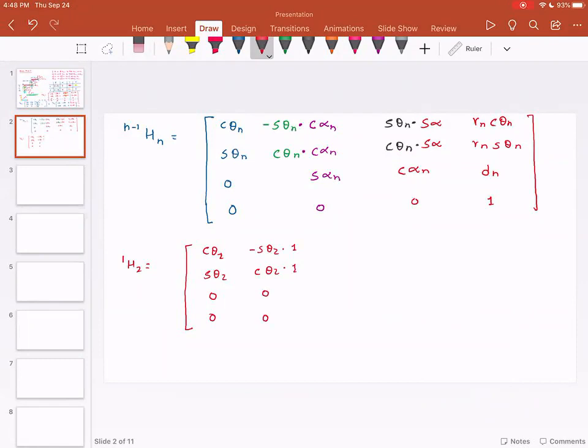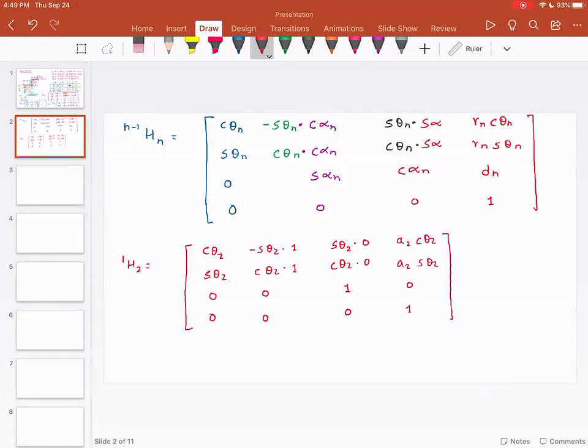Then you are going to have sine theta 2, cosine theta 2, but it's going to be sine of alpha, so it's going to be 0, 0. You will have 1 here, 0. And r is a2: a2 cosine theta 2, a2 sine theta 2, 0, and 1.